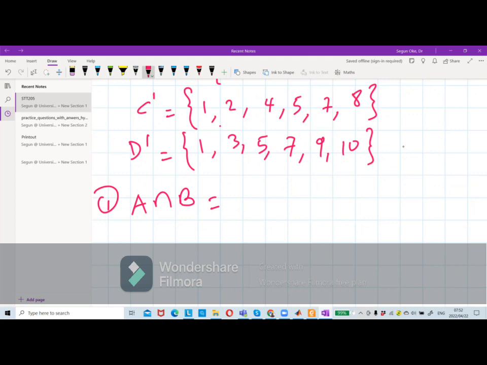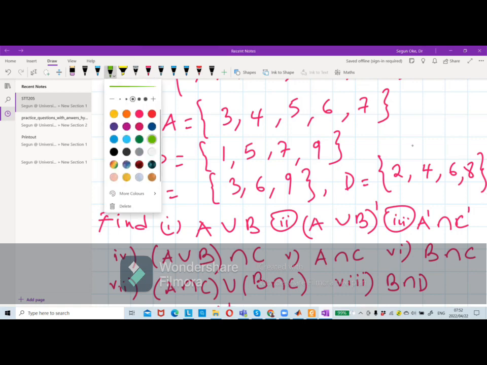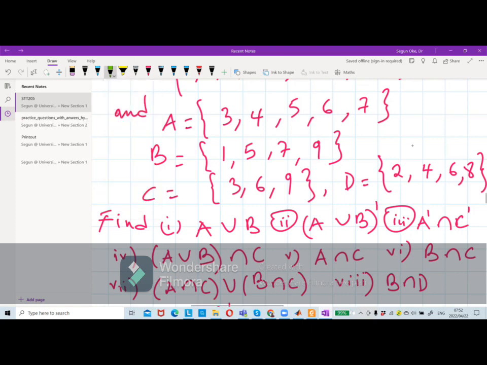So A intersection B: what are the elements that are common to A and B? Let me use another pen here. Let's look at the common elements. We have 1 here. Do we have 1 in A?